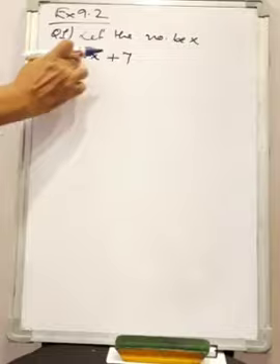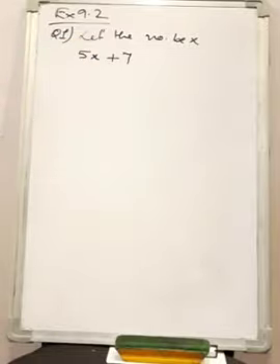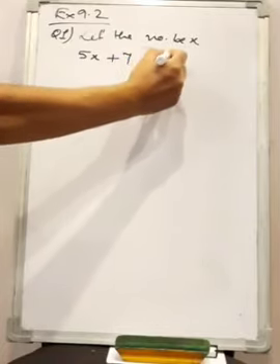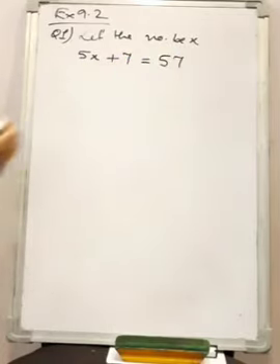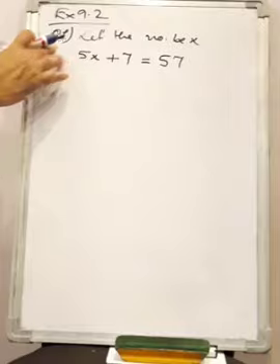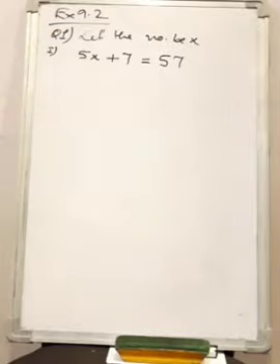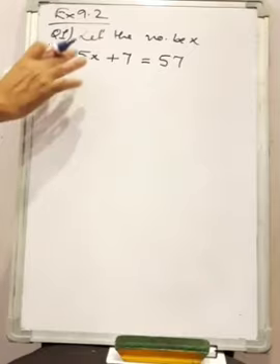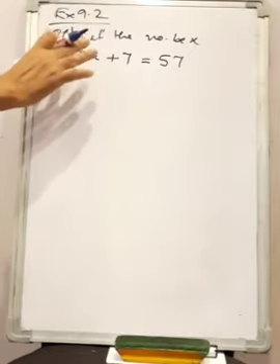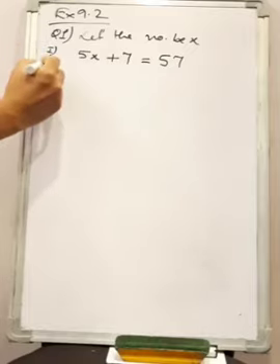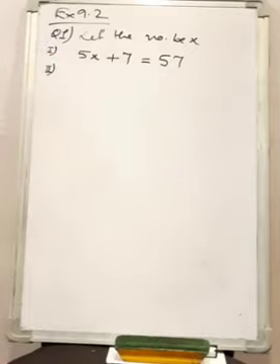So 5 times the number means 5 into x. So 5x plus 7, and the result is 57. So this is our first step. You don't have to write this first here. I am just telling you this is the first step, to form the equation according to the situation given in the question. Now the second step, we are going to solve it, right?